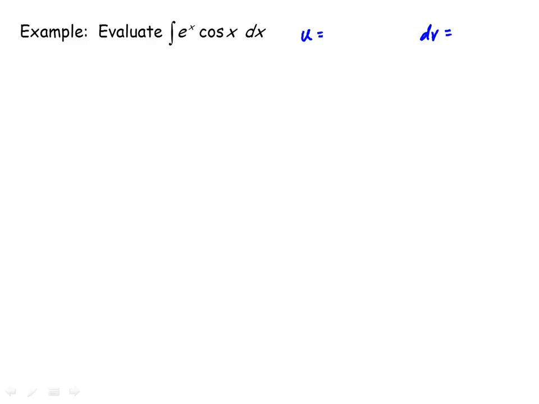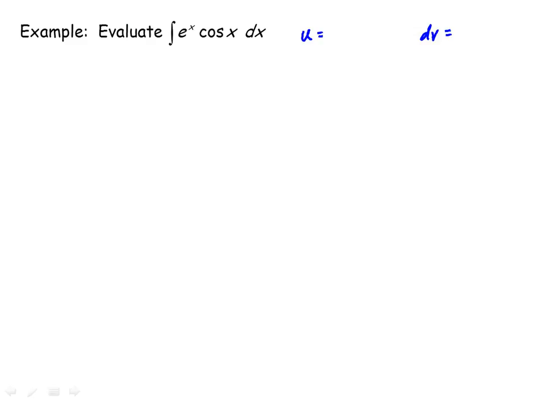And if we let u be e to the x, then du is e to the x, which is still not so bad, but we haven't really made any progress. So let's flip-flop it and see what happens. If we let u be cosine x, what's du? Negative sine x. And if we let dv be e to the x, what is v? E to the x. Still haven't made any progress.